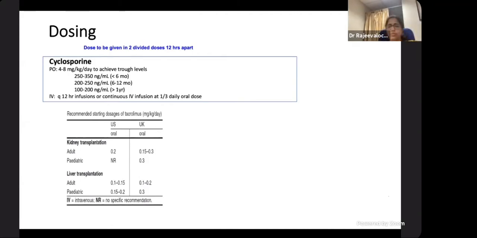Tacrolimus is fairly easier to remember. It's 0.1 milligram per kg per day in 2 divided doses if you're giving the short-acting tacrolimus, and 0.15 milligram per kg once daily tacrolimus. When we are using tacrolimus, it is important to remember that in the first 1 month of transplant, we try to keep it between 8 to 10 nanogram per ml, whereas in the first 6 months of transplant, we try to keep it between 6 to 8, and after 6 months to 1 year, we try to keep it between 4 to 6 nanogram per ml.